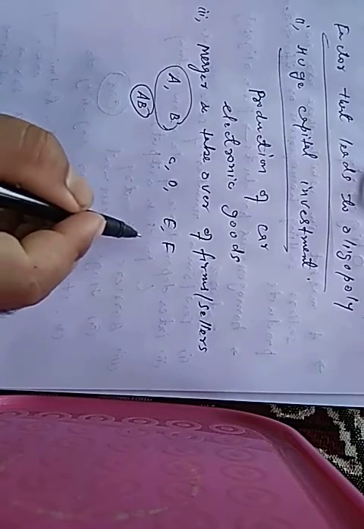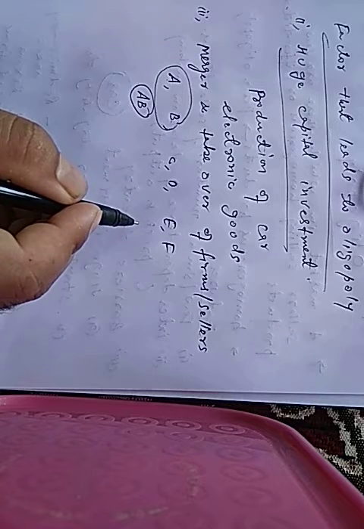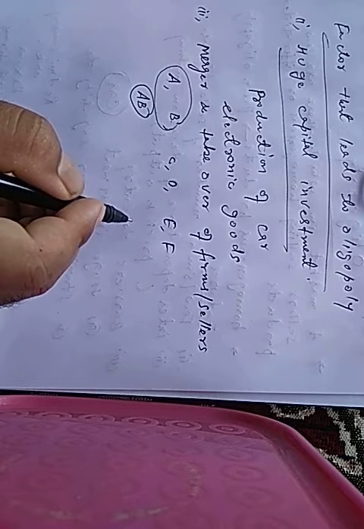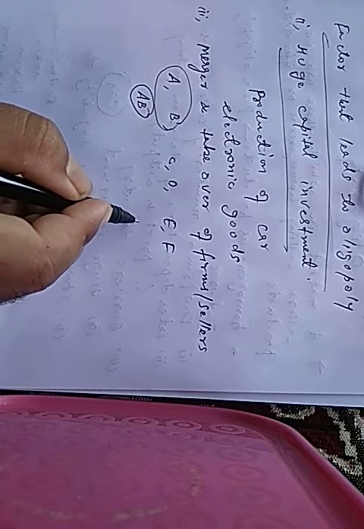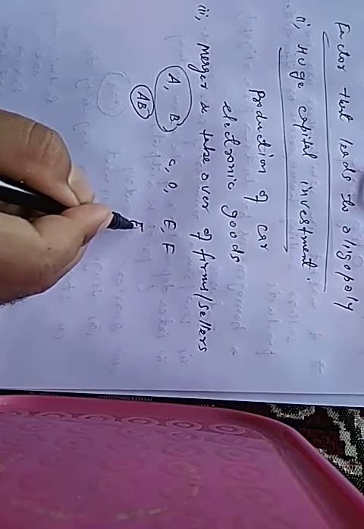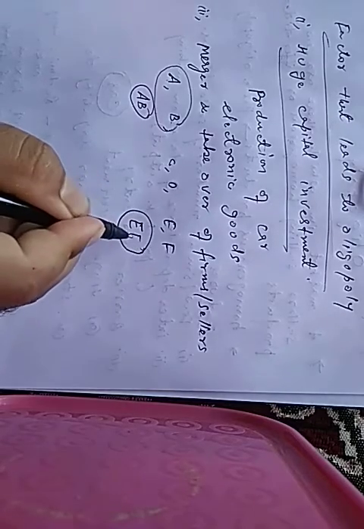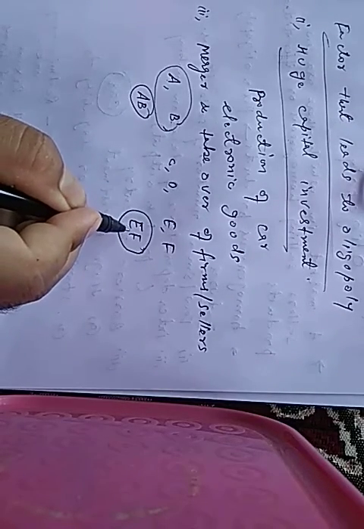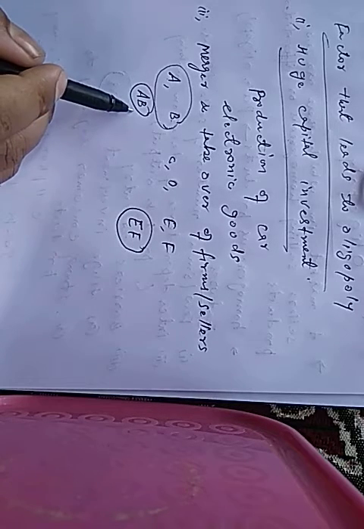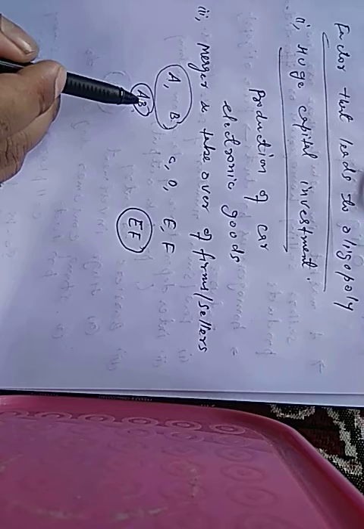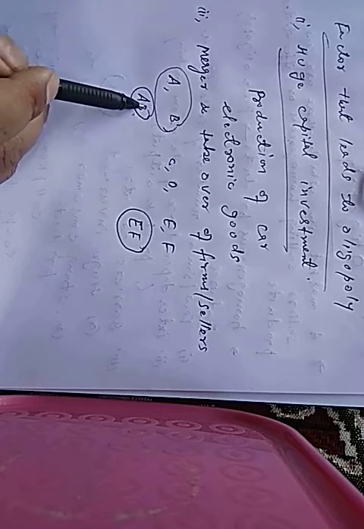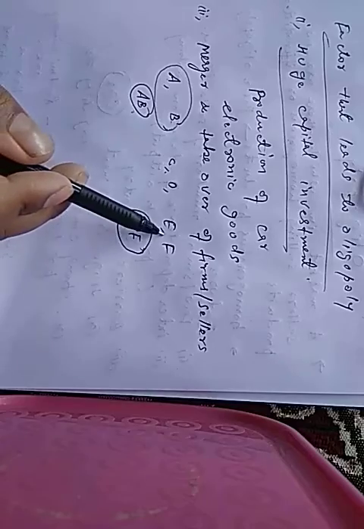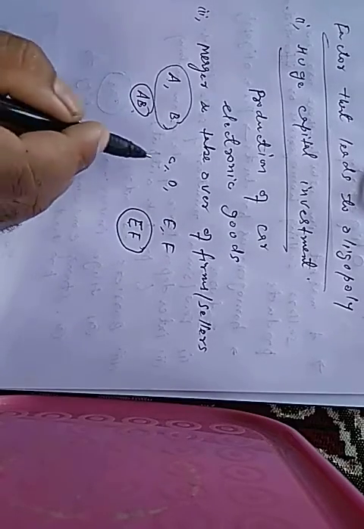Similarly, if E and F merge in order to maximize their joint profits and sales, they will become EF, only one firm, only one seller. Now there remain 3 firms. From 6 firms, it has reduced to 3 firms, 3 sellers, meaning few. This is how an oligopoly market is formed.